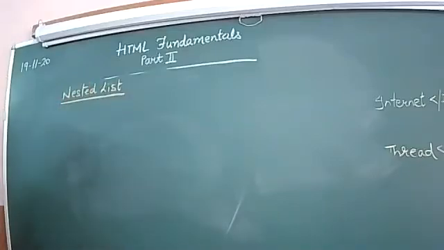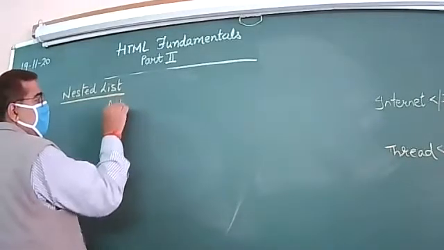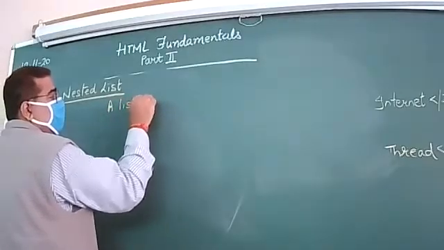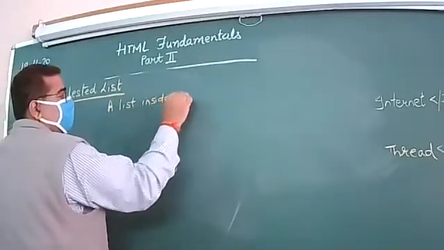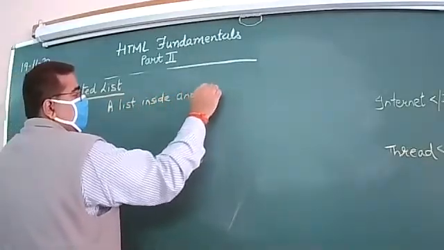Nested list, I told you earlier also, it is not any type of list. It is just a feature that is available in HTML. Don't consider it to be a fourth type of list. What is a nested list actually? A list inside another list.